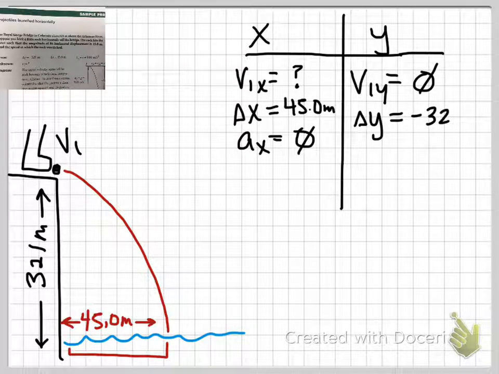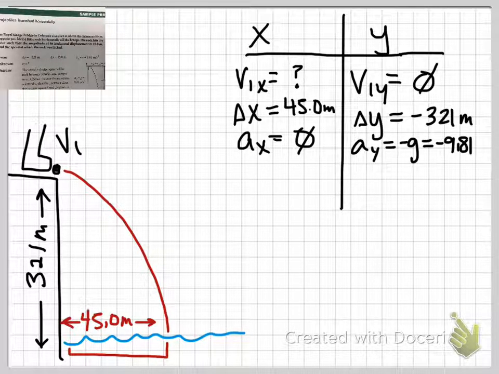That's what I was looking for. Okay. Do I have acceleration on the y-axis? You betcha. Acceleration on the y is equal to negative g, which is negative 9.81 meters per second squared.